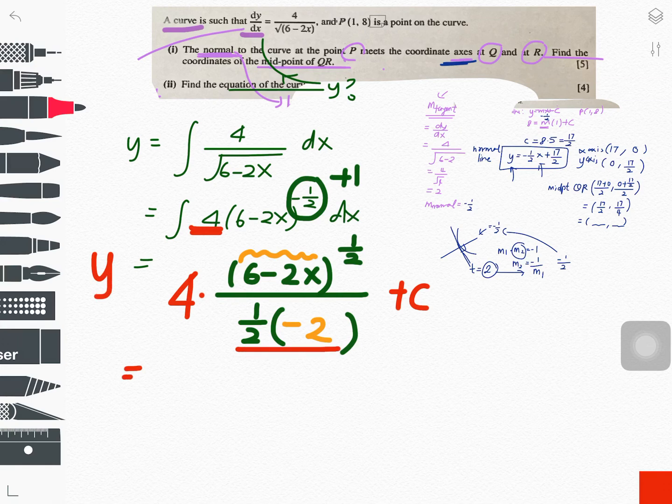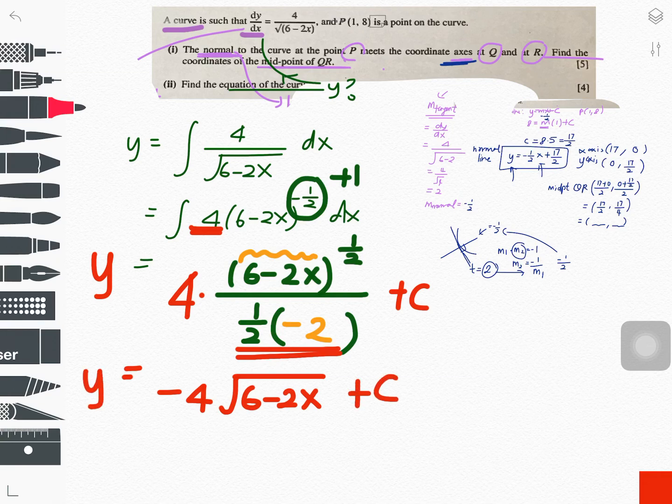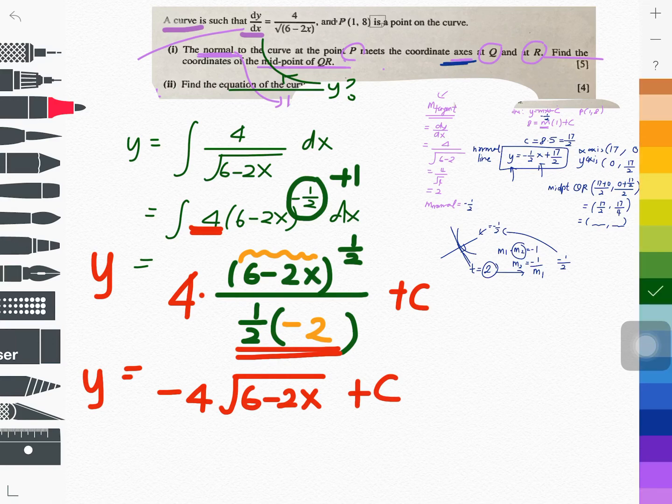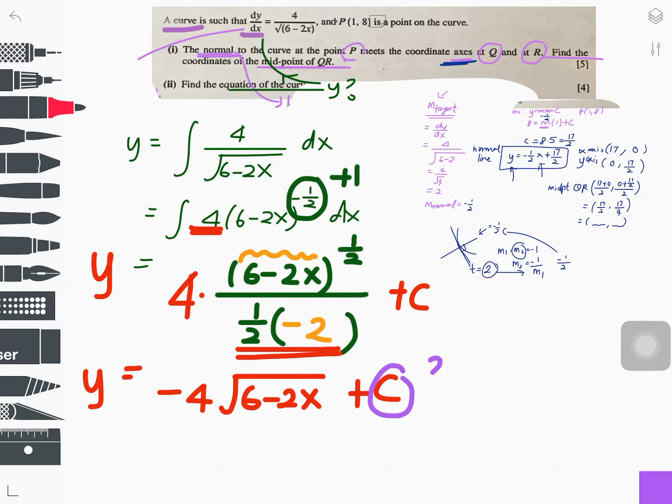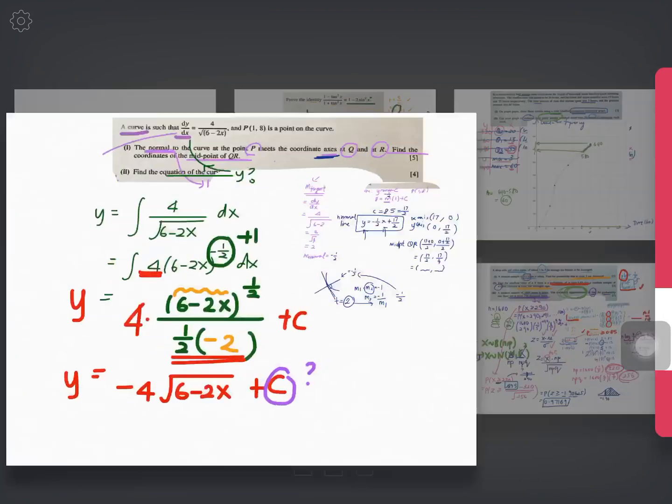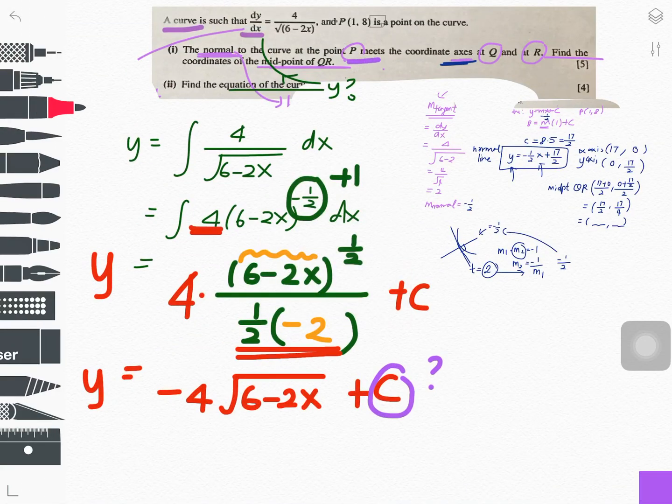So if I simplify this, the answer is negative 4 square root of 6 minus 2x, y equals that plus c. I need to crack the c value, right? What should I do to find this? What do you have? You have a coordinate, correct? P, which is (1, 8).